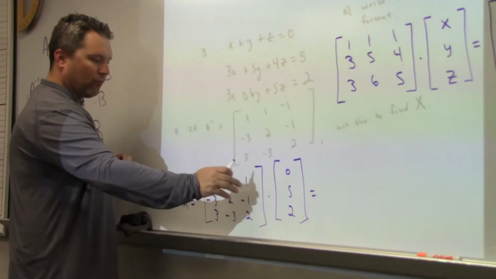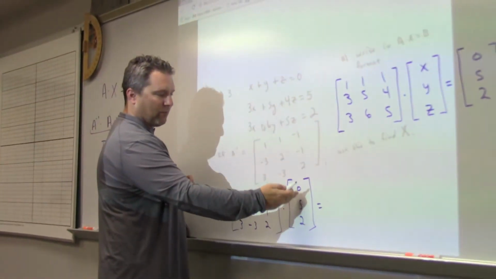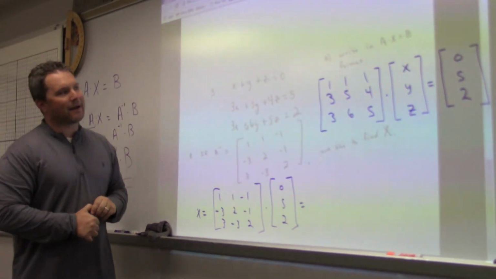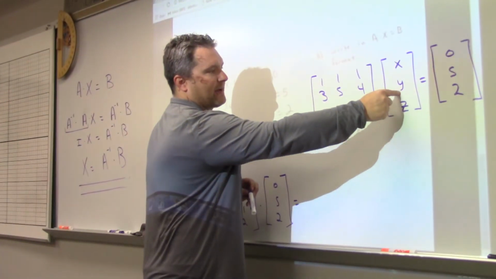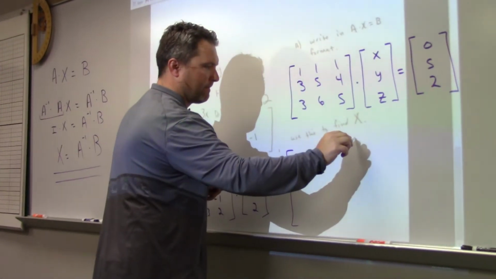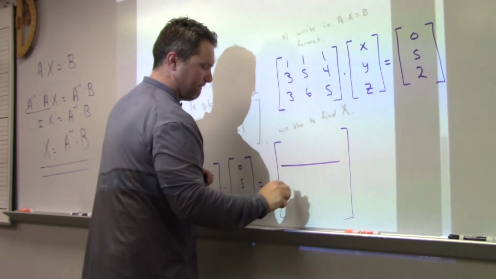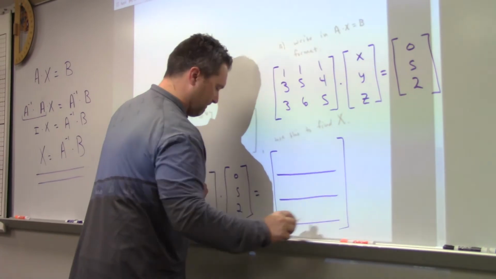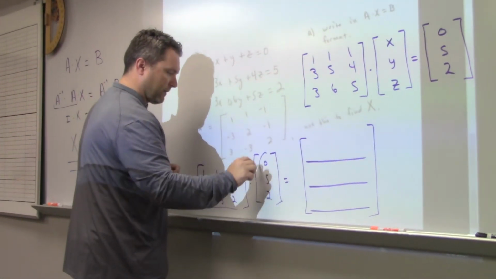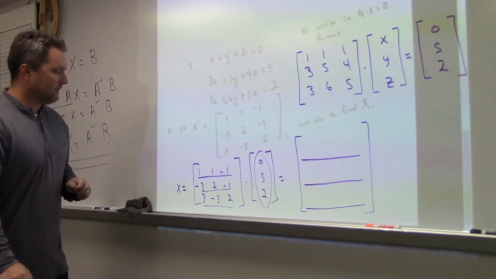So now we've got a 3 by 3 times a 3 by 1, so we can multiply and we will get the 3 by 1 back. The 3 by 1 will be the x, y, and the z solution. Underline your rows, circle your column. Okay?